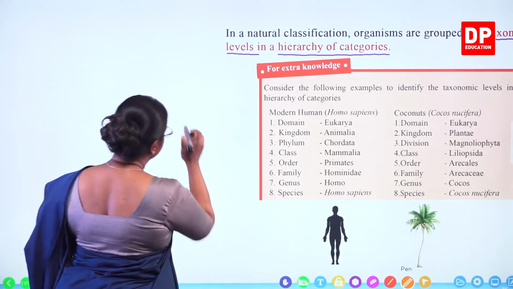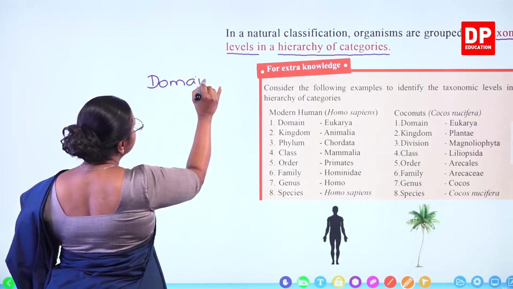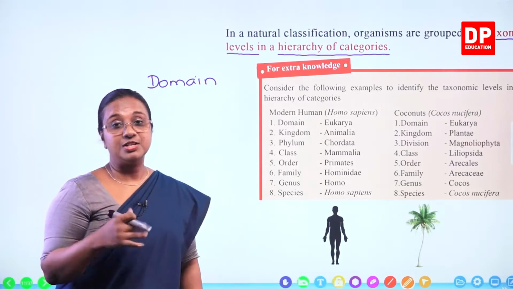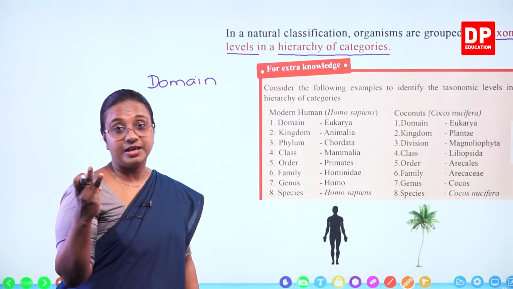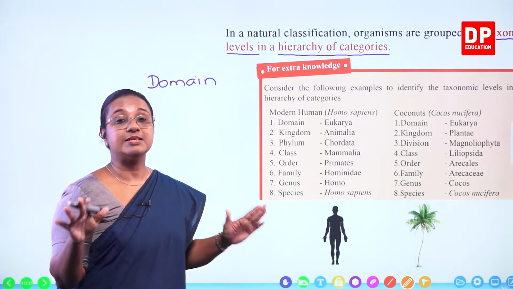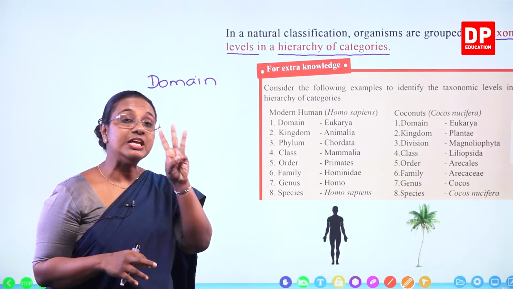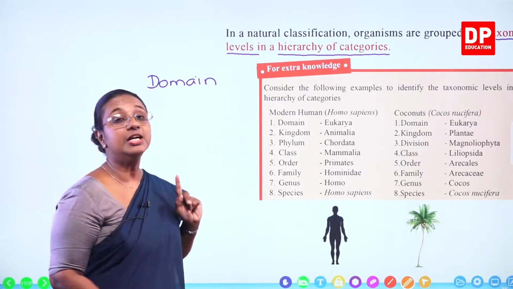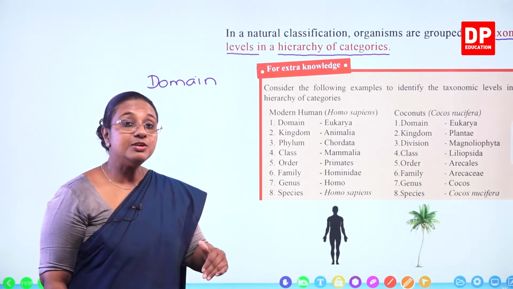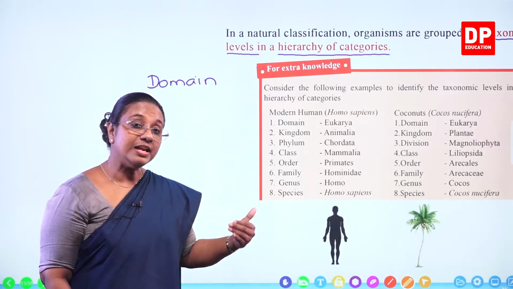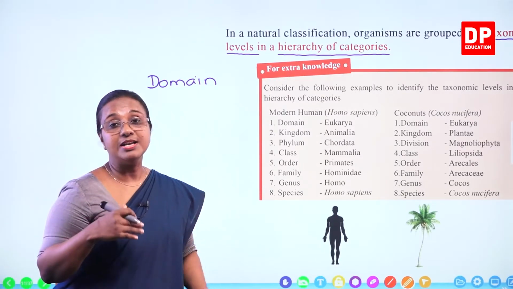We start with the domain. That is the topmost level. So in the previous slide, I told you all 3 domain classification. So all the organisms that are there on earth have been divided into 3 groups. Those are called the domains. 3 domain classification. So under each domain, we can have either one kingdom or more than one kingdoms.